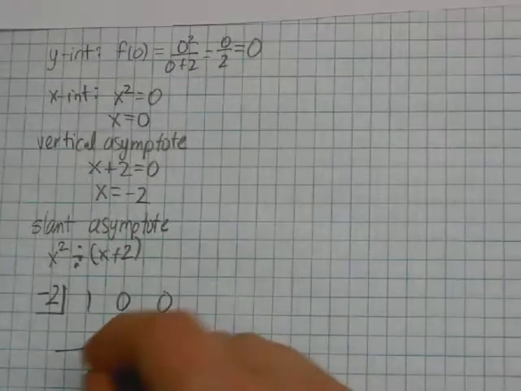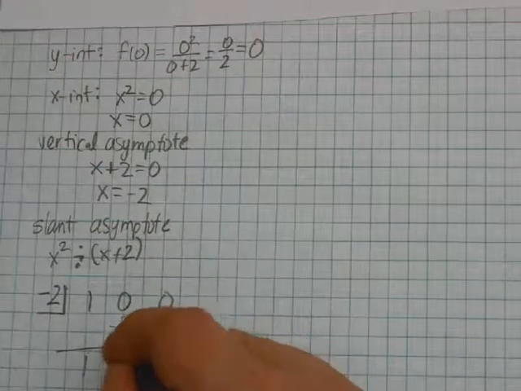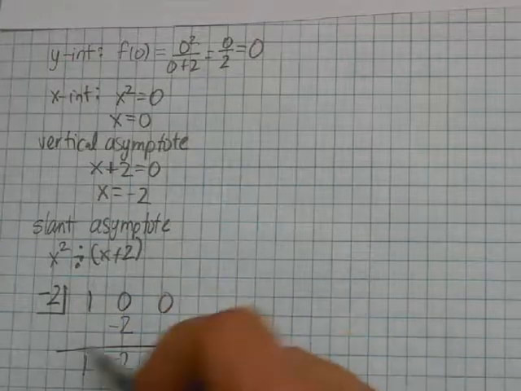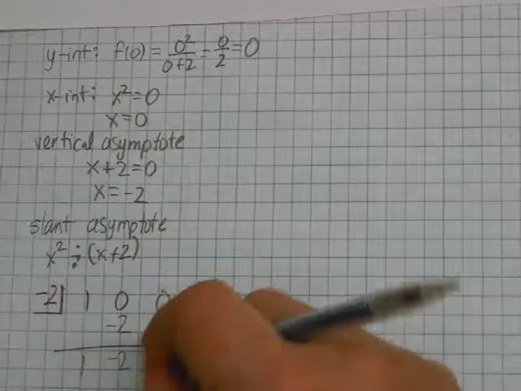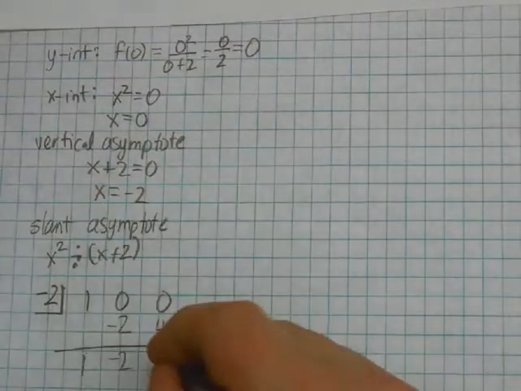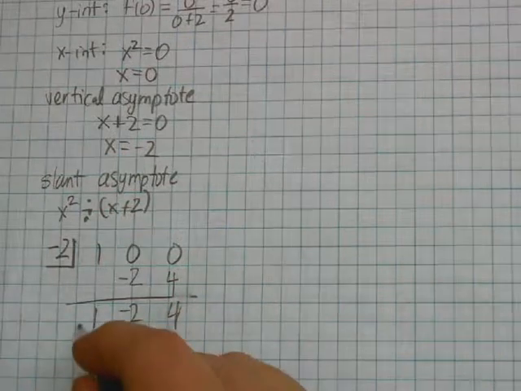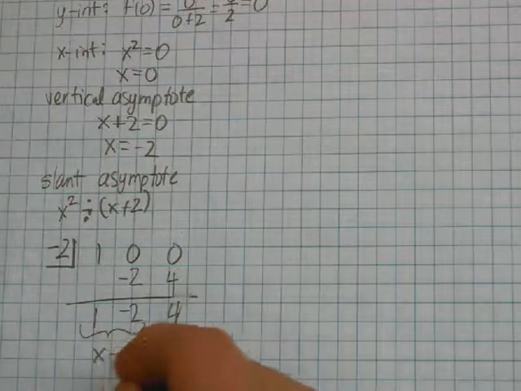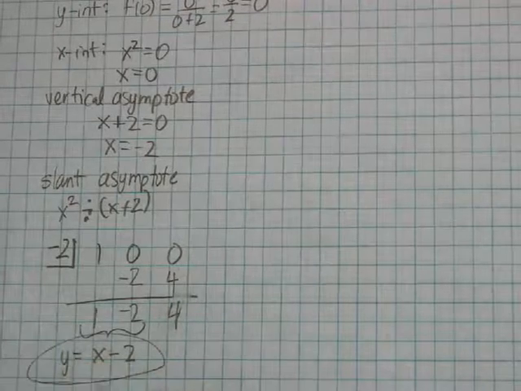Bring down the 1. 1 times negative 2 is negative 2. Negative 2 times negative 2 is 4. So the quotient part is x minus 2, and that's going to be our slant asymptote.